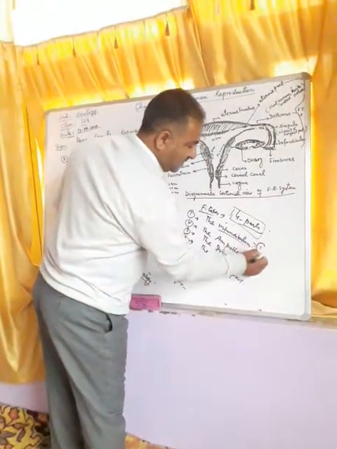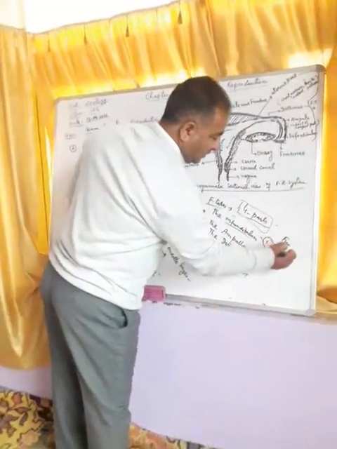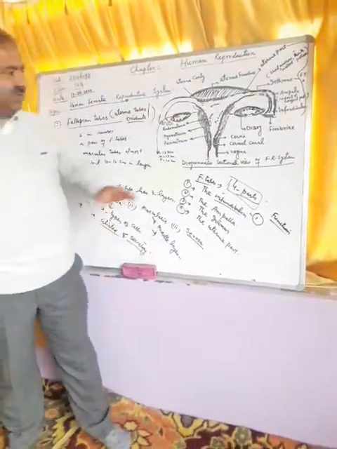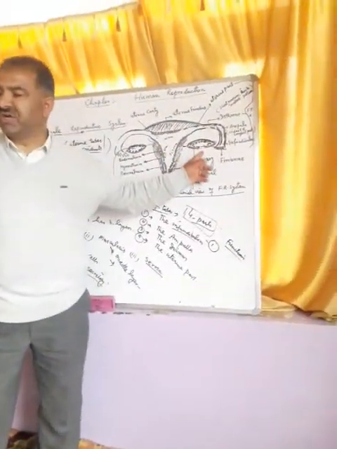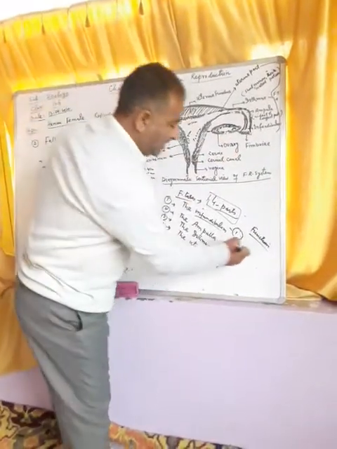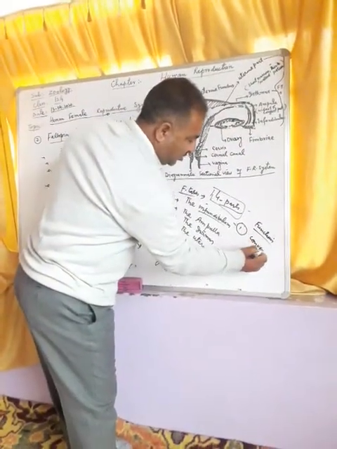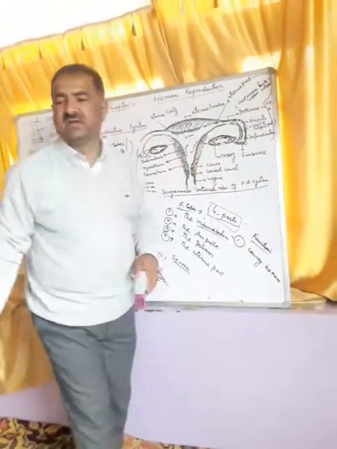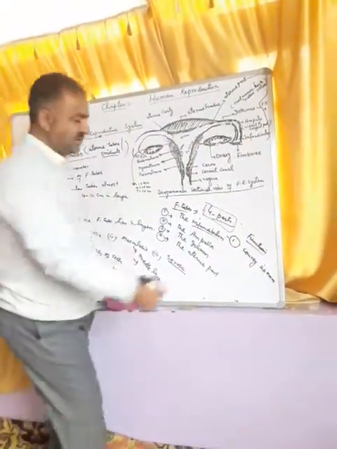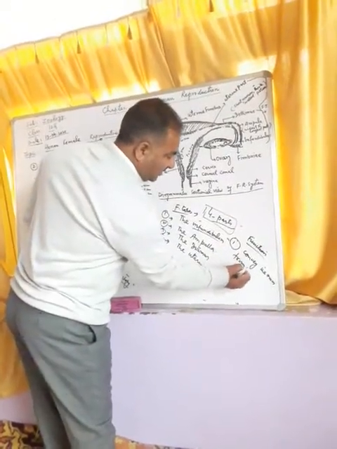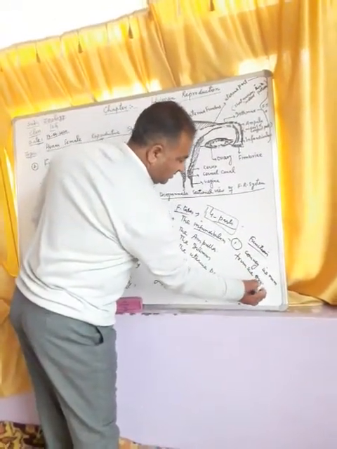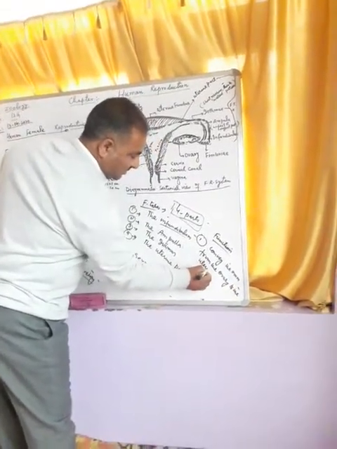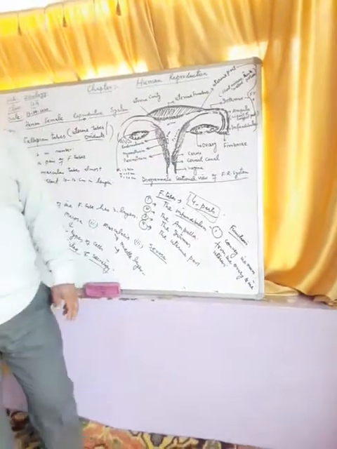The function is to convey the ovum, in the form of a secondary oocyte, from the ovary to the uterus.